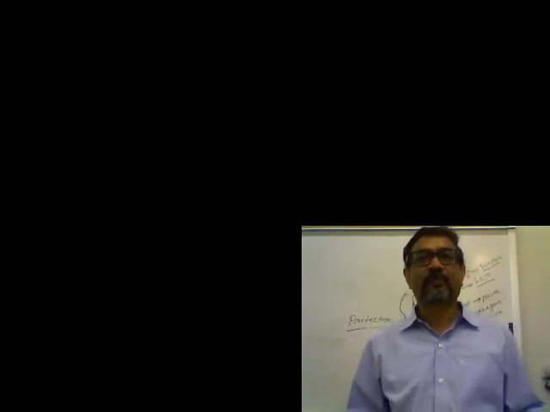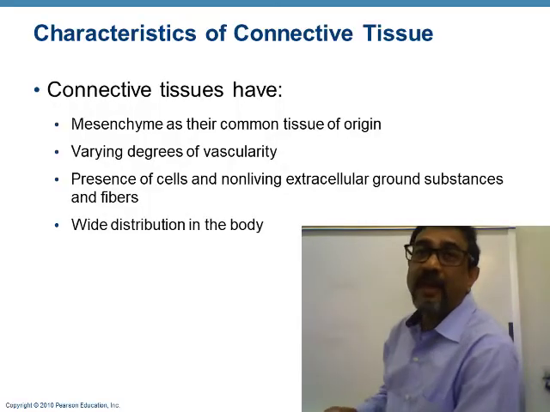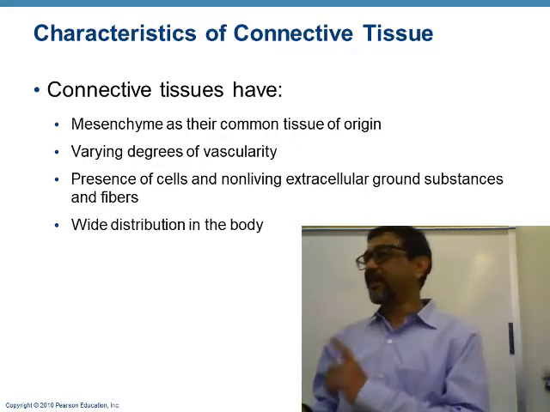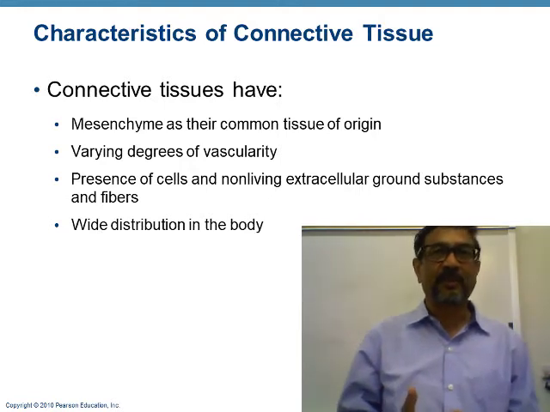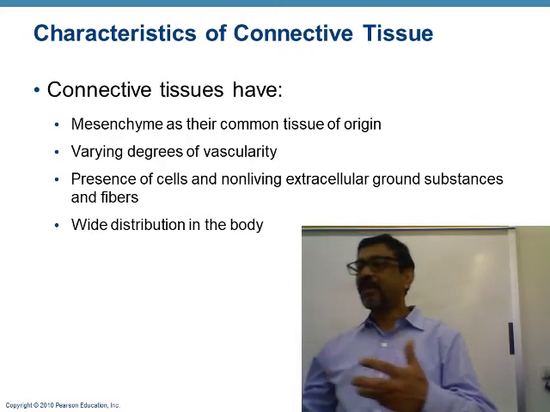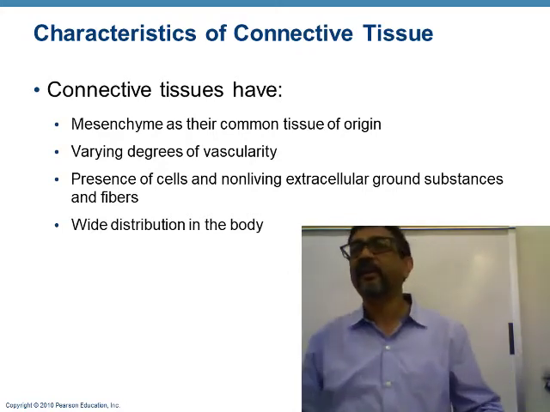Okay, now connective tissue. Connective tissue is the most widely distributed, the most common type in your body. I mentioned at the beginning today that bones are connective tissue, cartilages, fats, blood are connective tissue, right? Tendons, ligaments, bursa, all those are connective tissue.